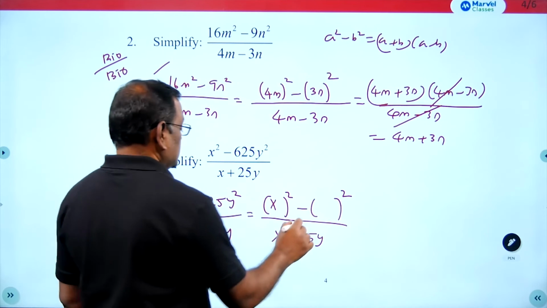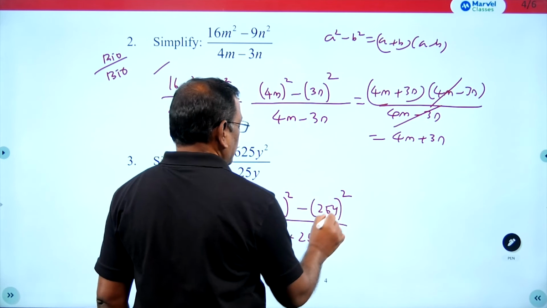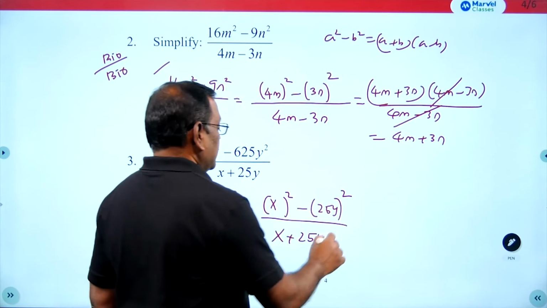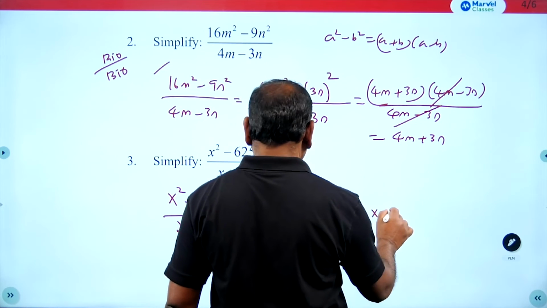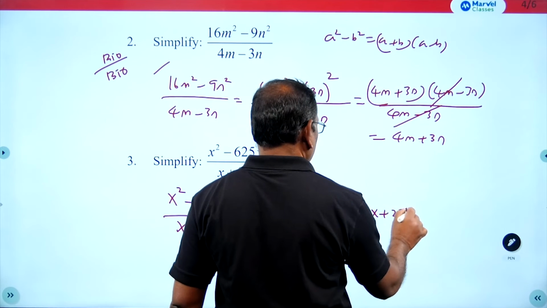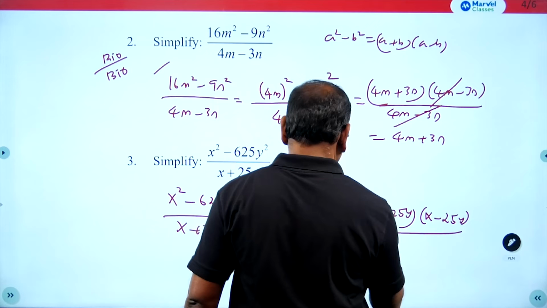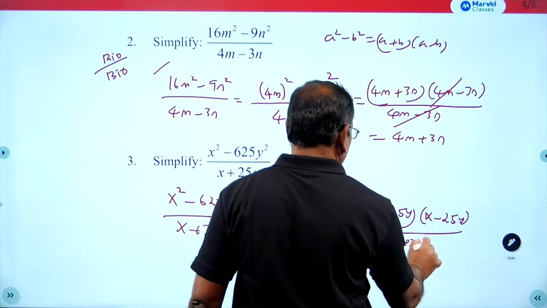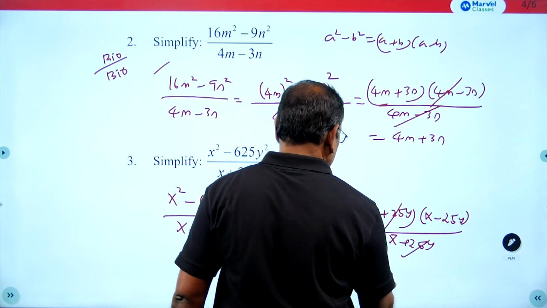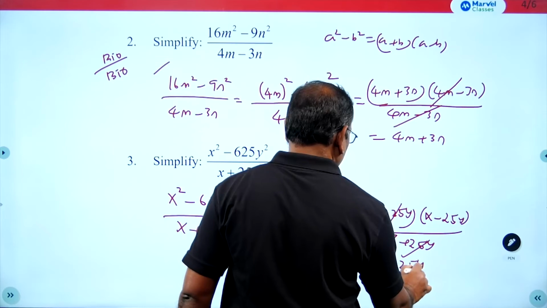Very good. So this is 25y. Now again apply the formula: (x plus 25y) into (x minus 25y) by (x plus 25y). Both get cancelled. What is the answer? x minus 25y.